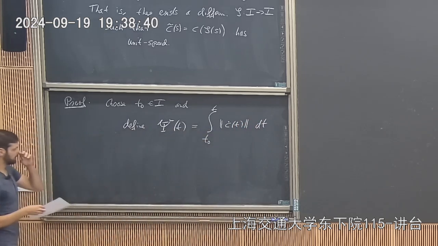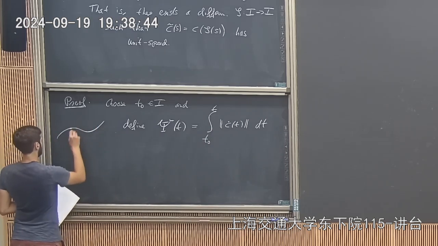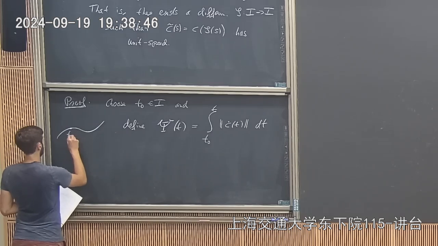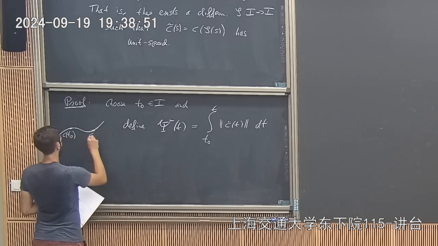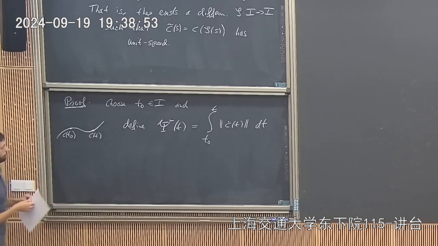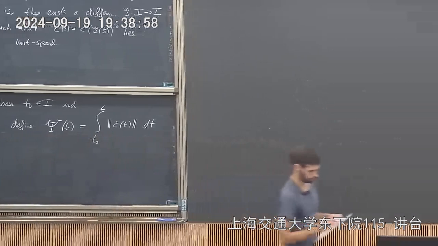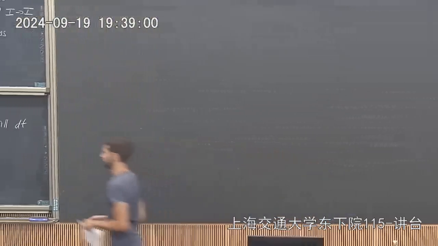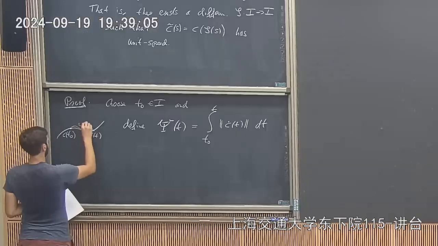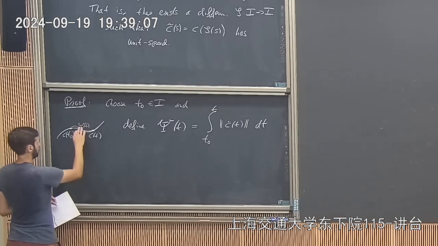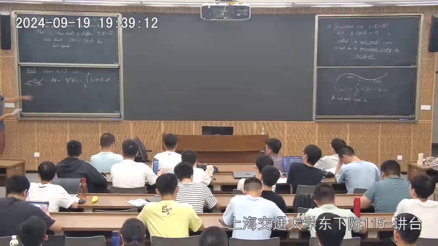So that gives you, geometrically, if you have the curve here, then you fix t0, which gives you c of t0, and then this map tells you the length of that arc. So you get an arc here, and this one has length given by psi of t. So psi of t measures the length of this particular arc.